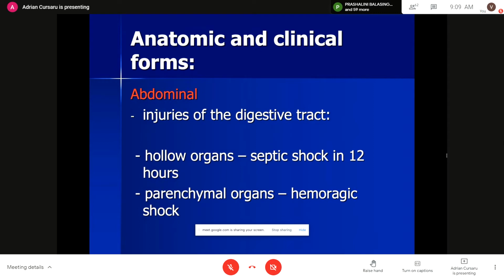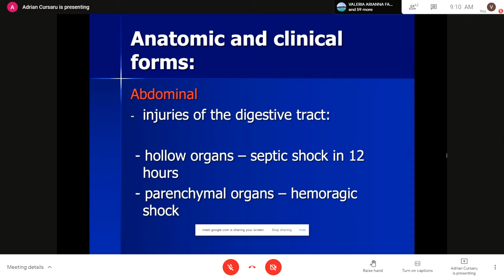In abdominal injuries, you can discuss here the digestive tract, hollow organs, septic shock in 12 hours maybe. That's a complication that could appear in hollow organs or parenchymal organs. The most common complication is hemorrhagic shock, and it is very important to check for it because in fracture we are losing about 2 to 4 liters of blood in a femur fracture, for example.